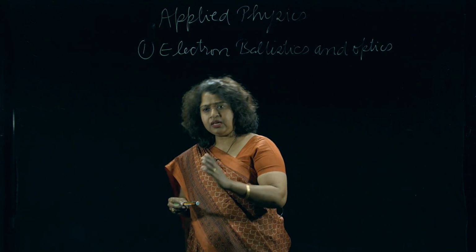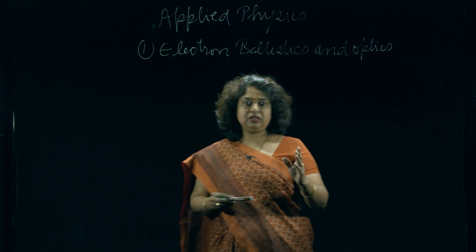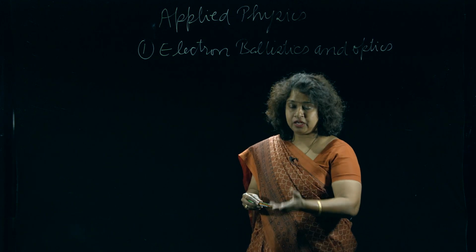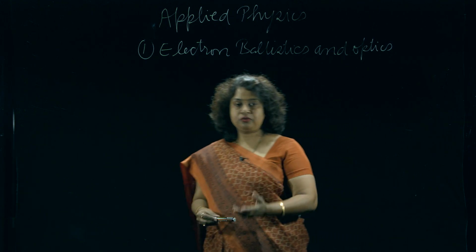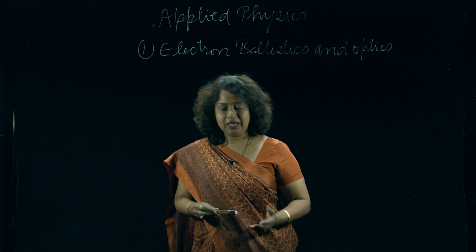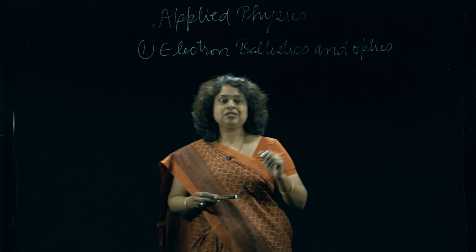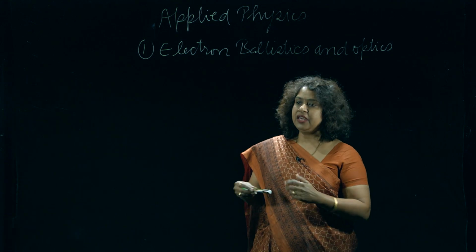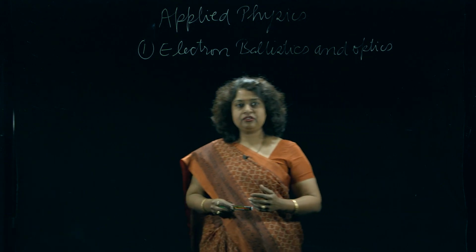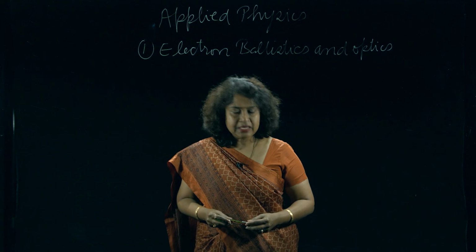So for every case, the way the electron is moving in the electric field, what can be the application, how we can make use of it for practical purposes. So that becomes an application part of this particular topic. So electron ballistics basically covers the behavior of the electron in DC electric field and DC magnetic field and their relevant applications.